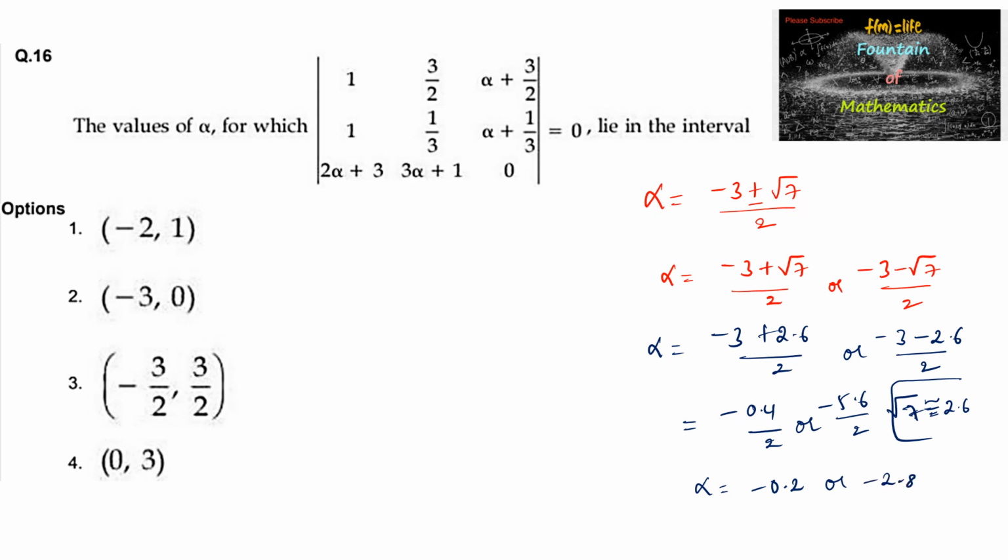So minus 0.2 and minus 2.8 belong to, we can say minus 2.8 and minus 0.2, 0, and this is minus 3. So we can conclude that these two values lie in the interval minus 3 to 0. So we can go with option B.